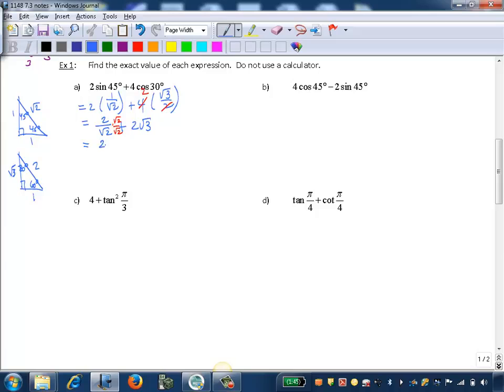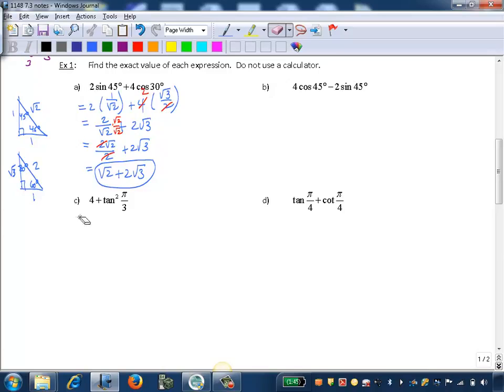So I will get 2 radical 2 over 2 plus 2 radical 3. And then those 2's divide out. So I will end up with radical 2 plus 2 radical 3. Okay, I'd like you to try part B on your own.